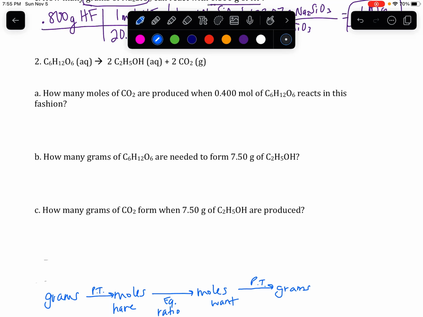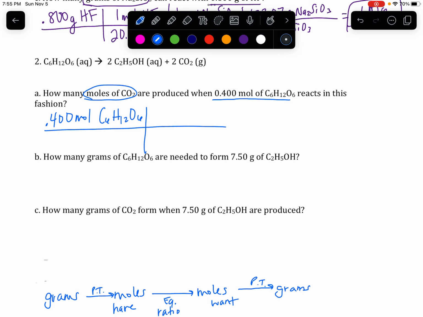Okay, so let's look at A here. This equation is already balanced, so I don't have to do any balancing. I'm just going to start with what I'm given: 0.4 moles of C6H12O6. And what does it tell me I'm looking for?